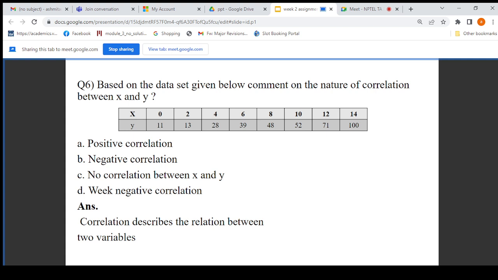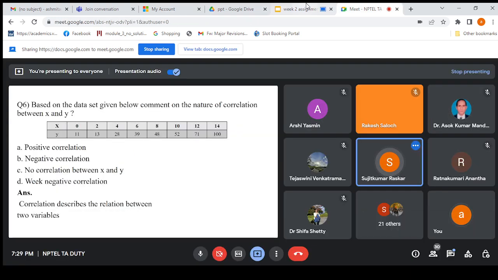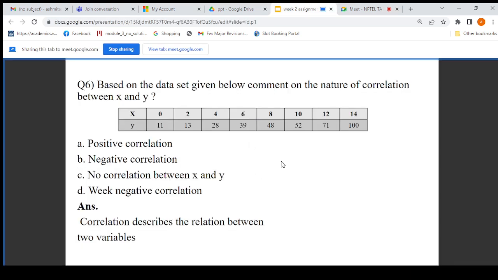So what type of correlation is this? Can you tell me what is correlation? Correlation is the relation of x variable with y variable. Okay.